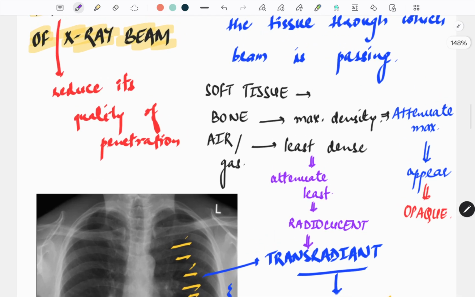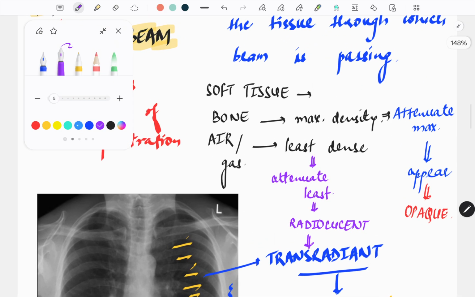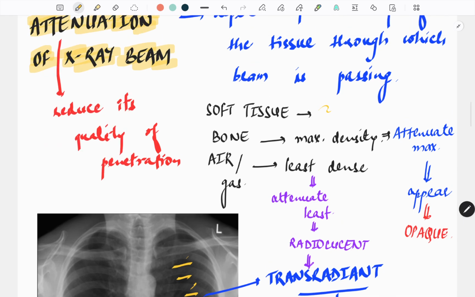Now, as we all know, soft tissue has intermediate density.